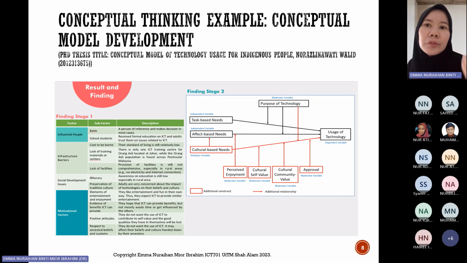Then they will do some kind of experimental work or survey using statistical analysis and everything to prove the model.